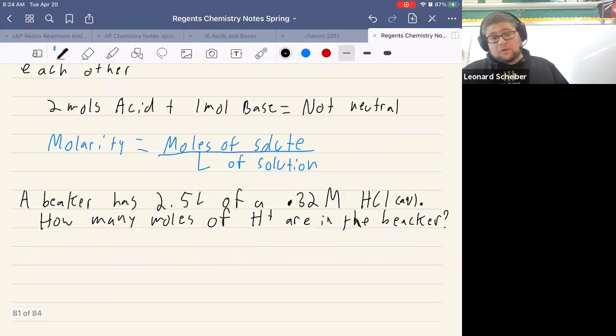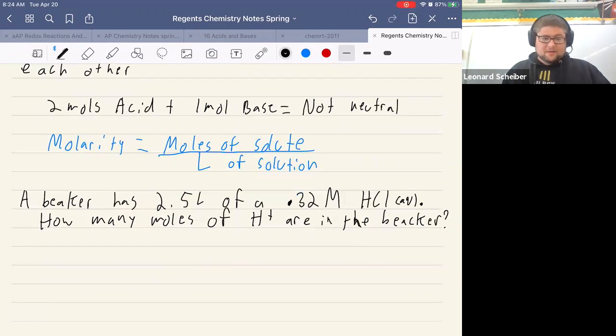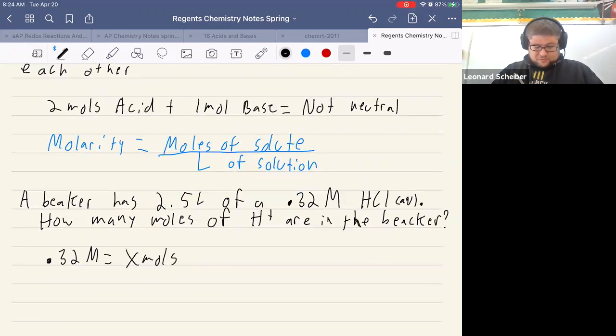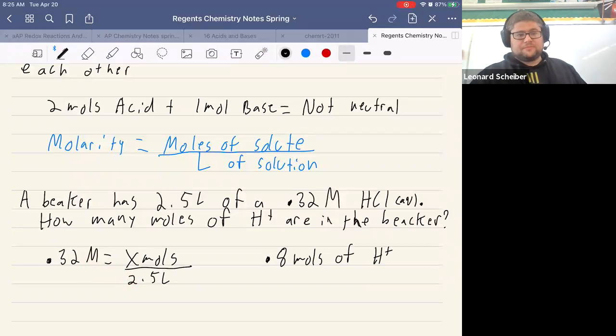We know that 1 mole of H plus comes for every 1 mole of HCl. So we can just simply set this up. 0.32 molar equals X moles over 2.5 liters. We do cross multiplication. So we're going to multiply 2.5 by 0.32, and we will have 0.8 moles of H plus. Not too hard.